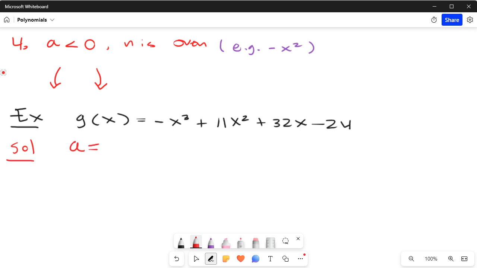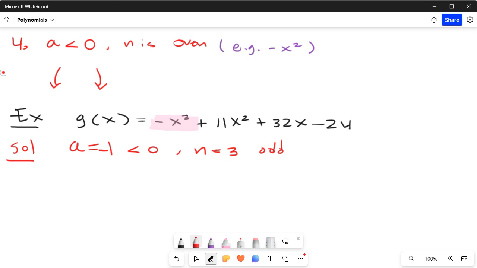You're looking for the leading term, which is the negative x cubed, which means that a is equal to negative 1, which is less than 0. But then you know that the degree is 3, which in this case is odd. So we have that this is an odd degree polynomial with a negative sign.